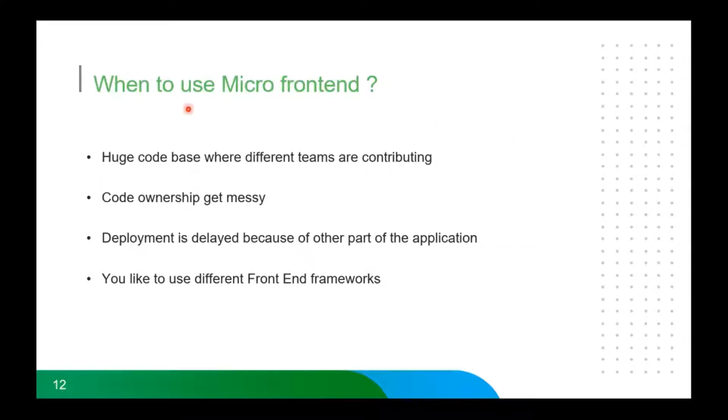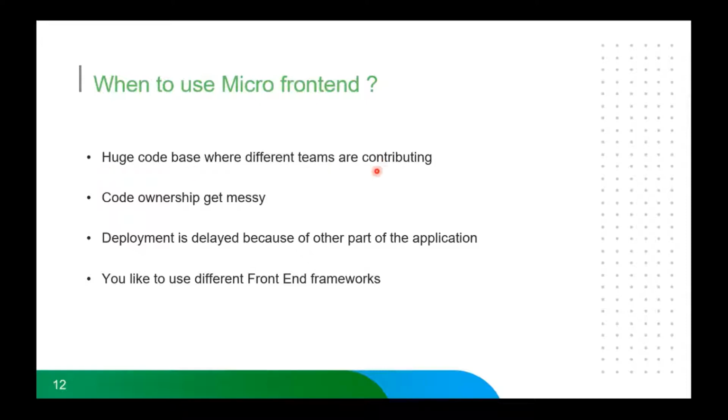The first thing is a huge code base where different teams work. You might have a feature or a file which more than one developer accesses and makes changes to. In that case, you will find lots of conflicts, and separation of concerns is another concern.